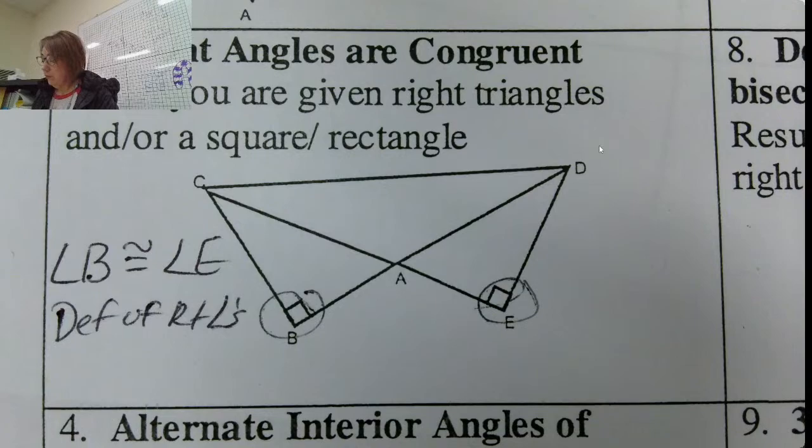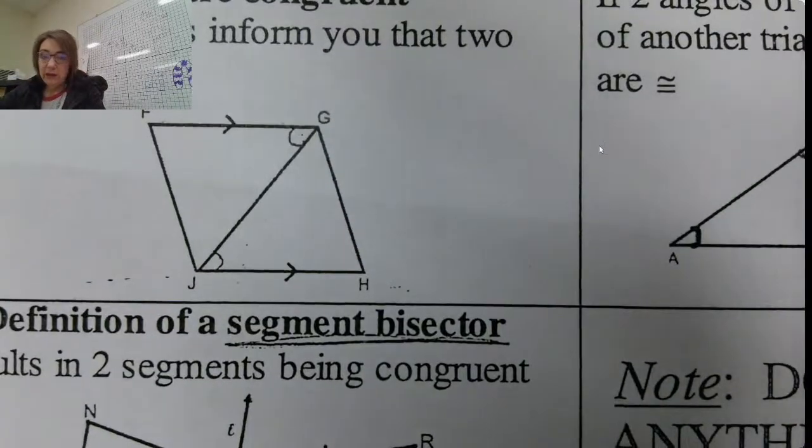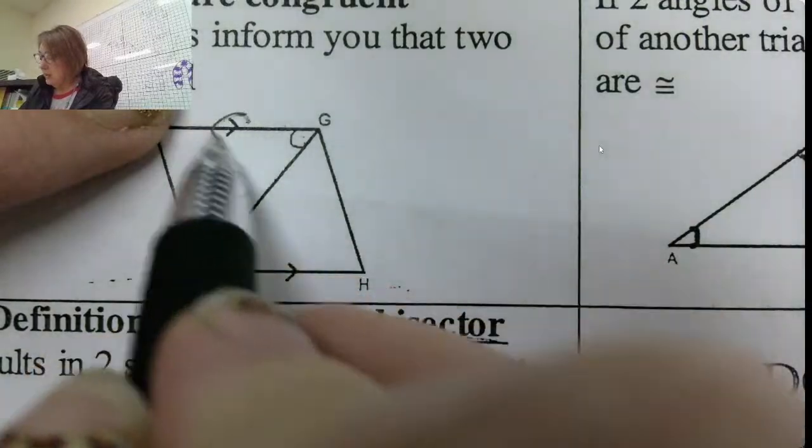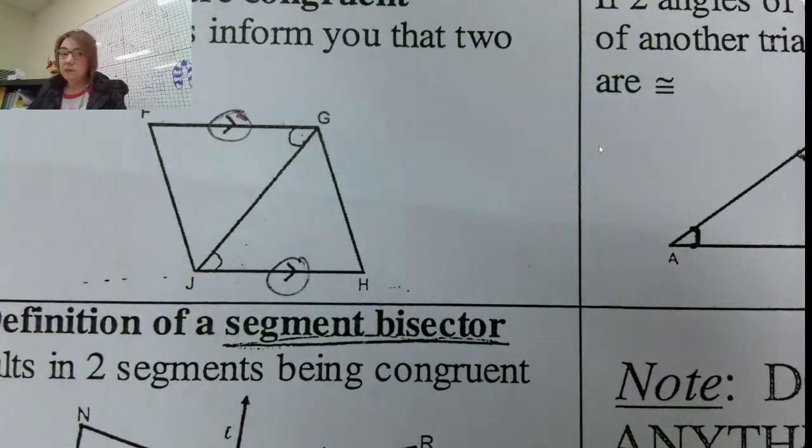Now, if you have something like this, where you have this diagram, what does this and this indicate? They're little arrows. If they were little marks, they would indicate congruency. But they're little arrows.